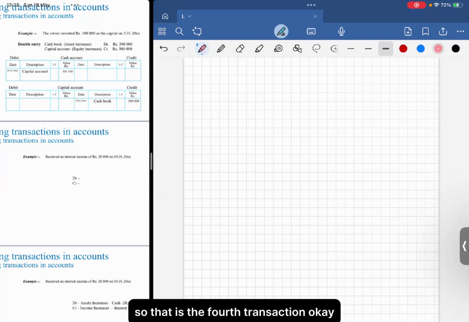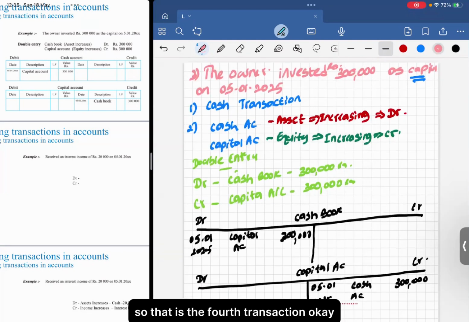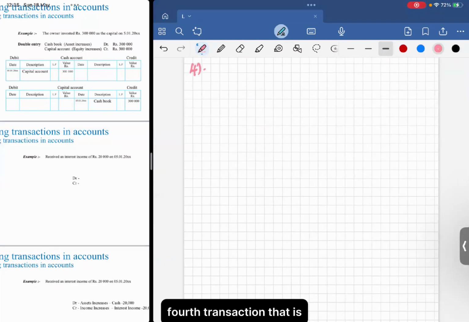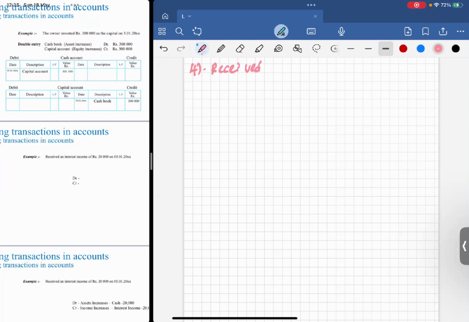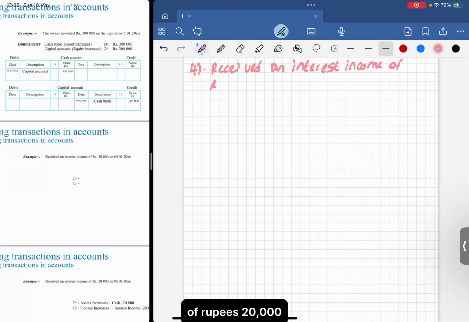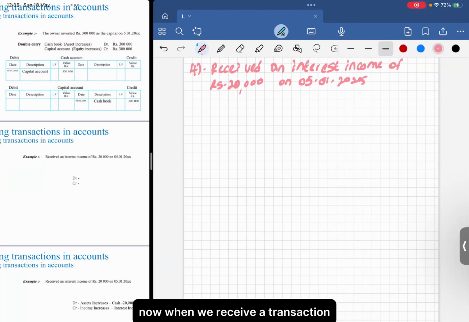That is the fourth transaction: received an interest income of rupees 20,000 on 5th Jan 2025. Now when we receive a transaction, what do we do first?